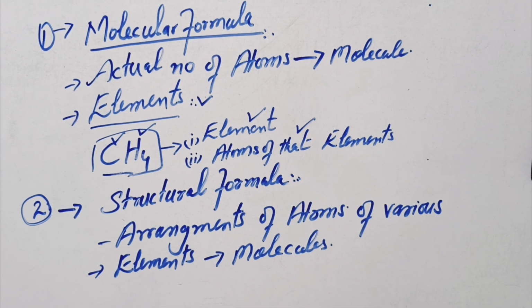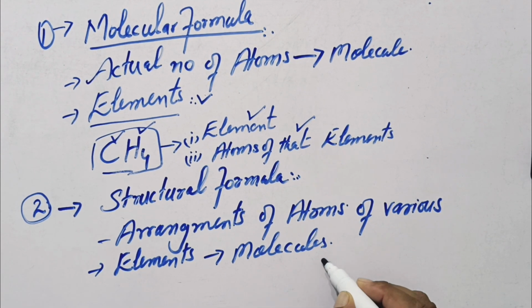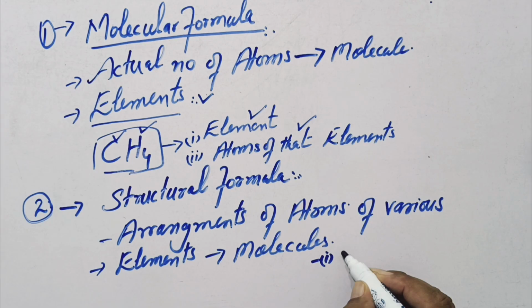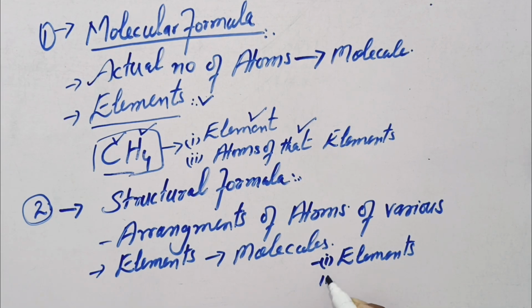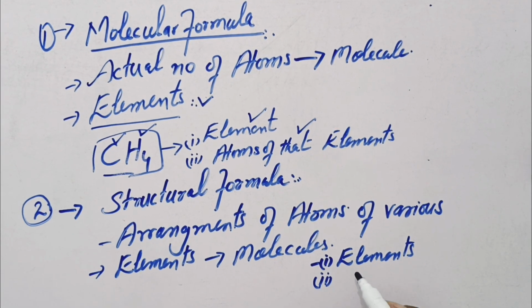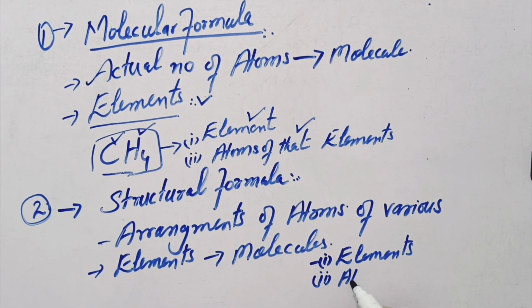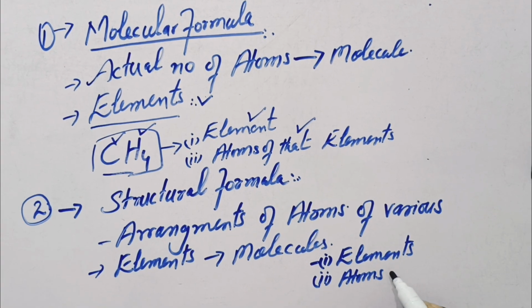From the structural formula, we get three pieces of information. First, we get the types of element. Second, we get how many atoms of these elements.